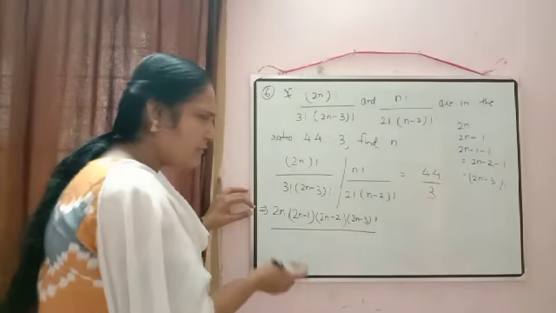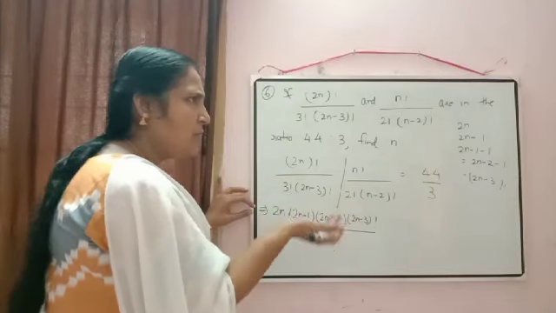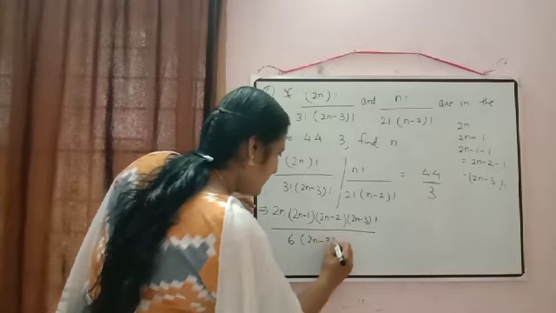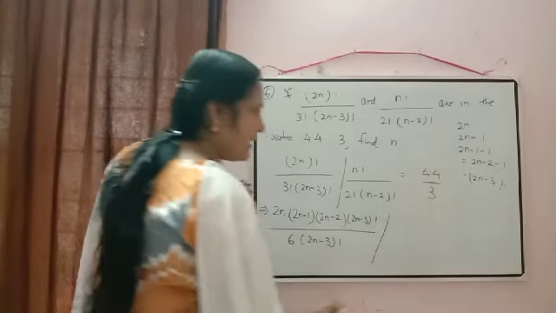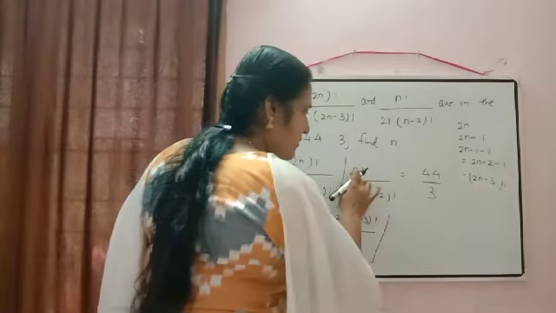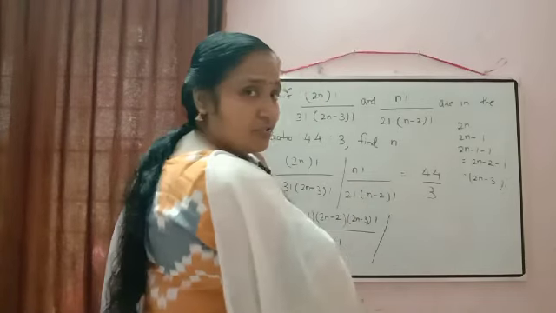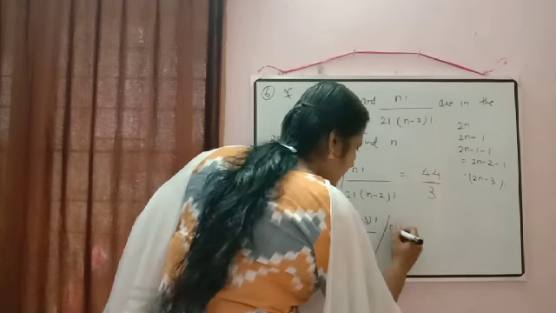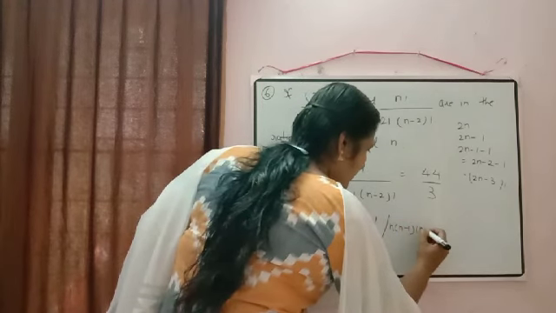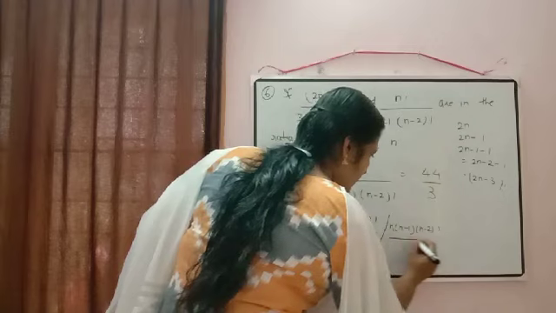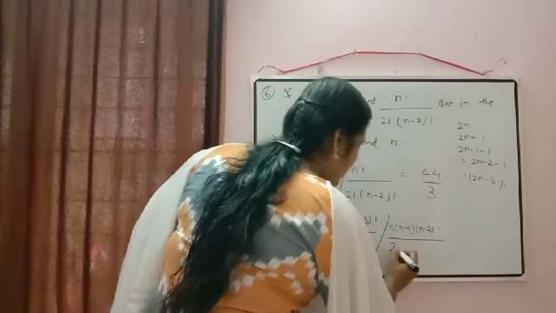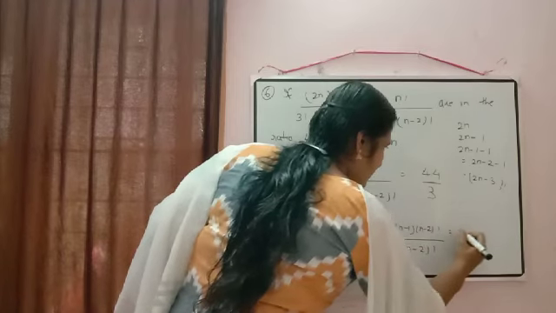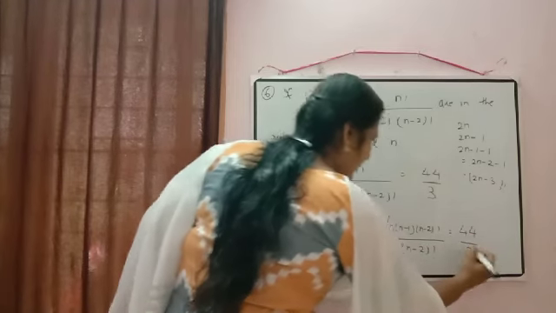Directly you can write the value: 3 factorial is 3 into 2 into 1, so that will be 6 into 2n minus 3 factorial, whole divided by n factorial by 2 factorial into n minus 2 factorial. Here we can rewrite n factorial as n into n minus 1 into n minus 2 factorial, and 2 factorial is 2 only, is equal to 44/3.